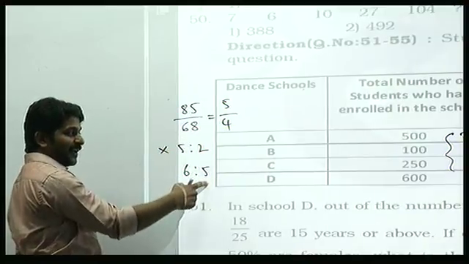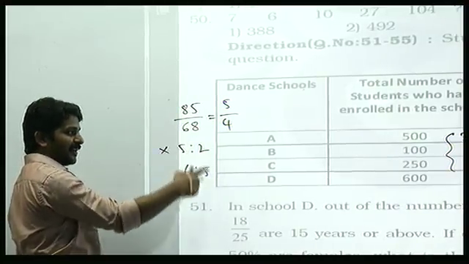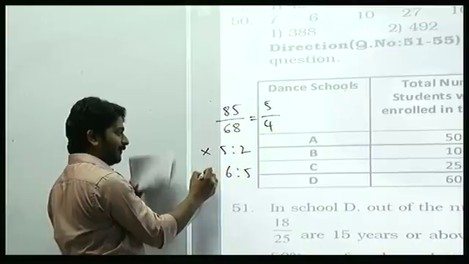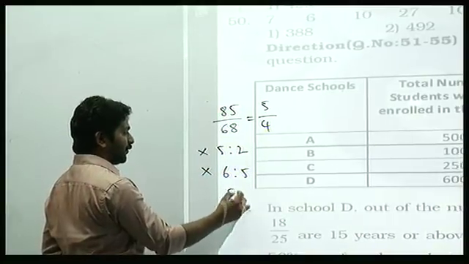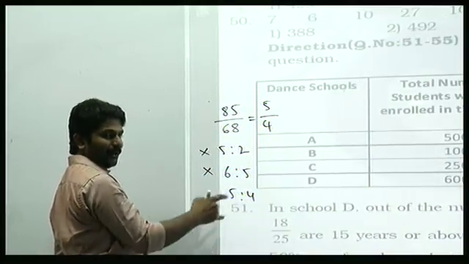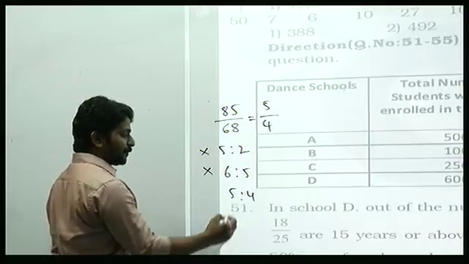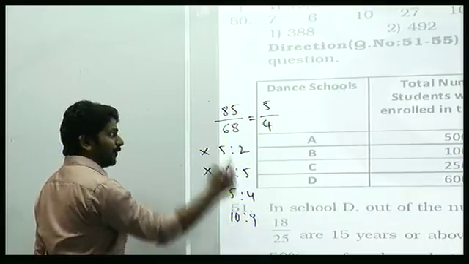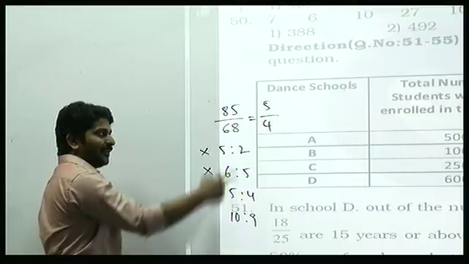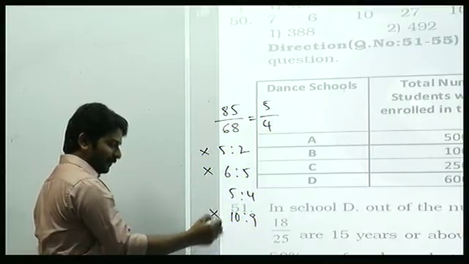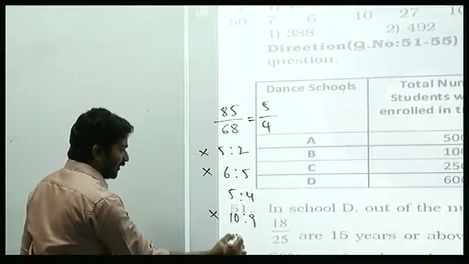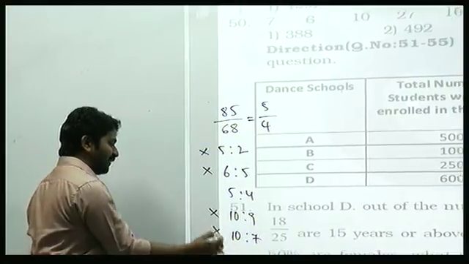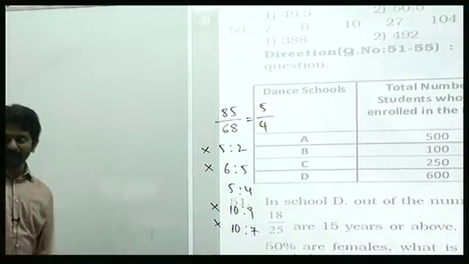Denominator is 68, which is not a multiple of 5. Third option, 5:4, can be your answer. Hold it. Fourth option, 10:9. First number is not a multiple of 10. Second number is not a multiple of 9. This cannot be your answer. 10:7, for the same reason, you can even eliminate the fifth option also. Leftover is 5:4.